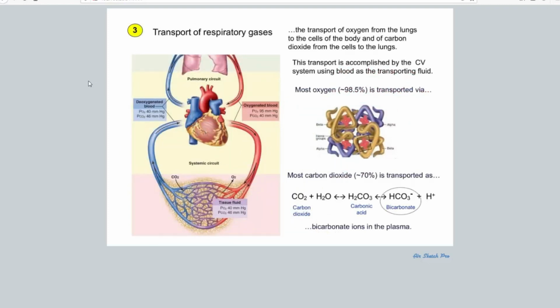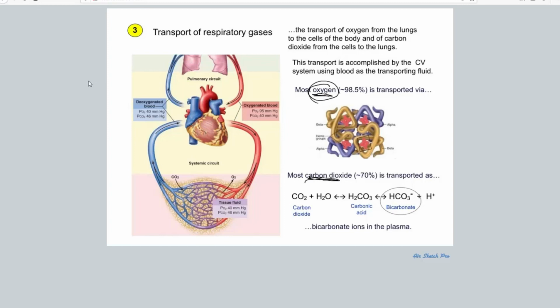So the next important physiological process that I want to look at here is the transport of these respiratory gases. Okay, how are these gases transported throughout the circulatory system? Now, we're going to look at oxygen and carbon dioxide.